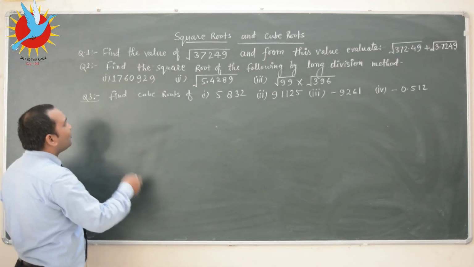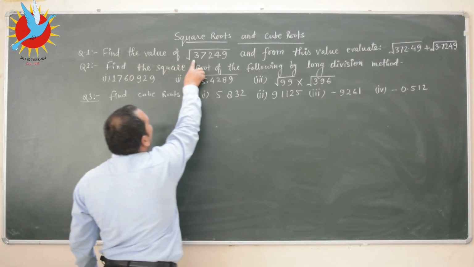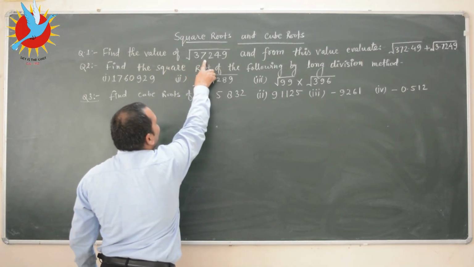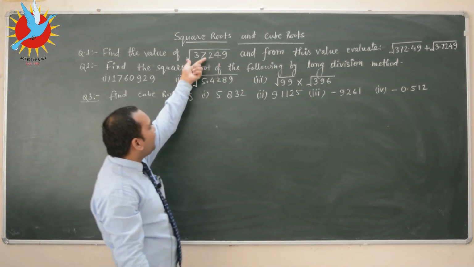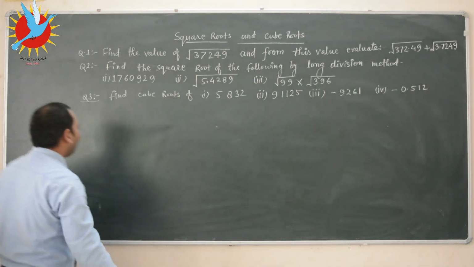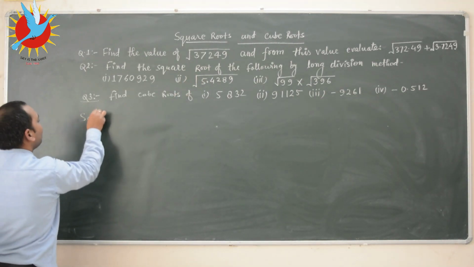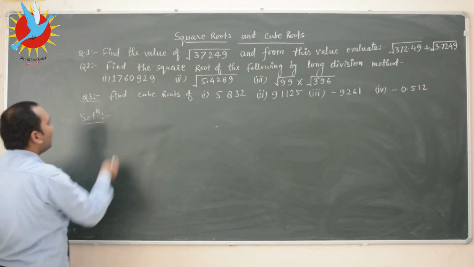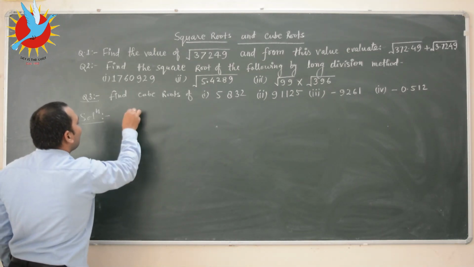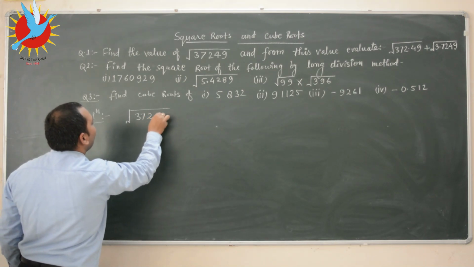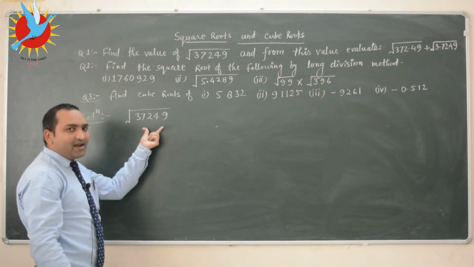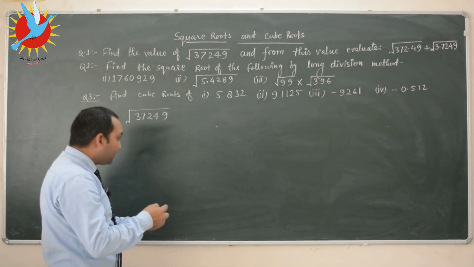So in the first question, find the value of 37,249. First of all we find the square root of this number. Solution: square root of 37,249. We find the square root by the long division method.